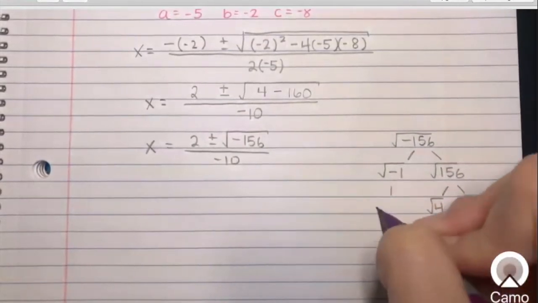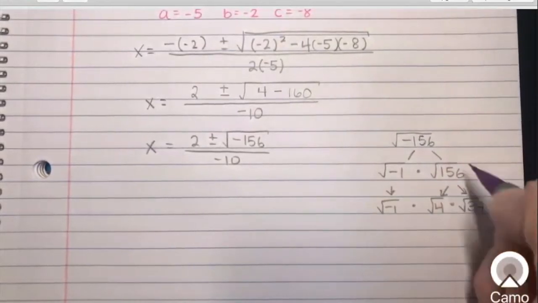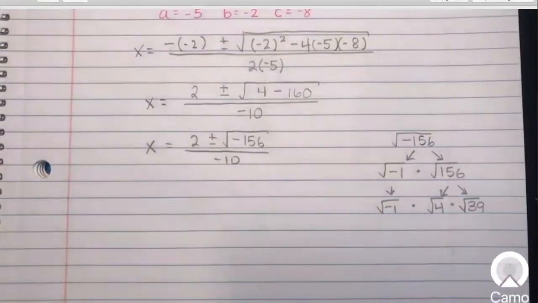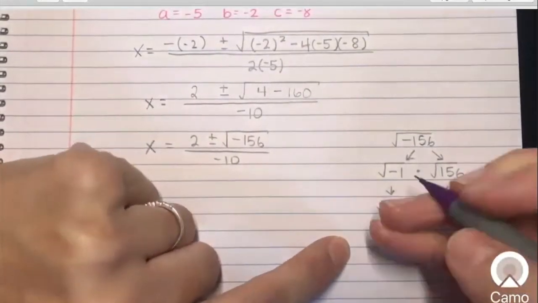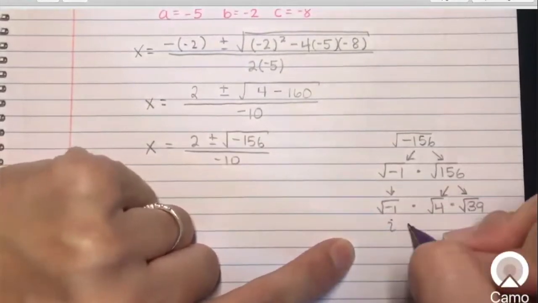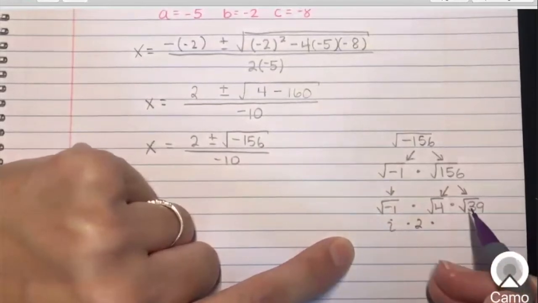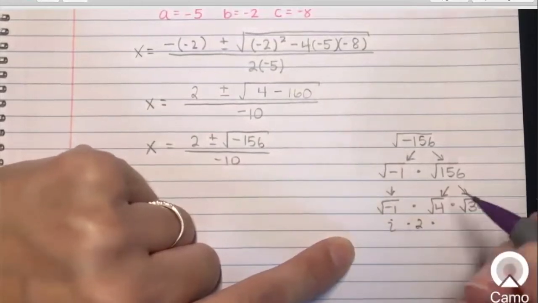I'll bring down my negative 1 here. Okay, and now we can actually simplify. So we know the square root of negative 1 gets us i. We know the square root of 4 is 2. And the square root of 39, there's nothing we can do here because the factors that are left are not perfect squares, so it can no longer be simplified.